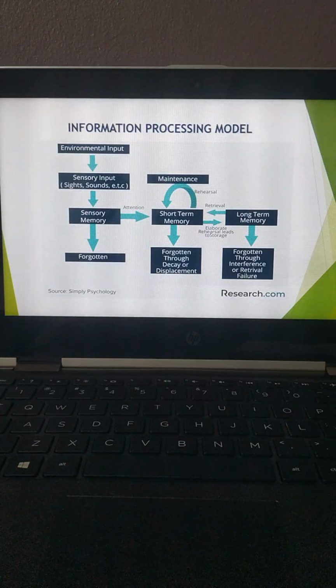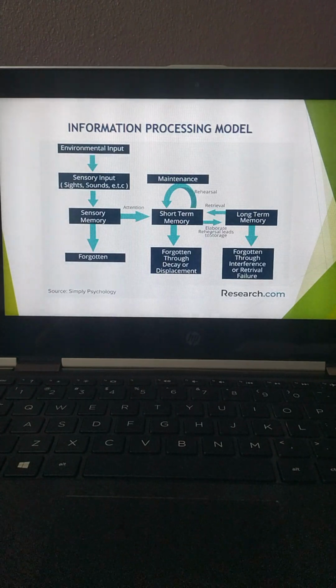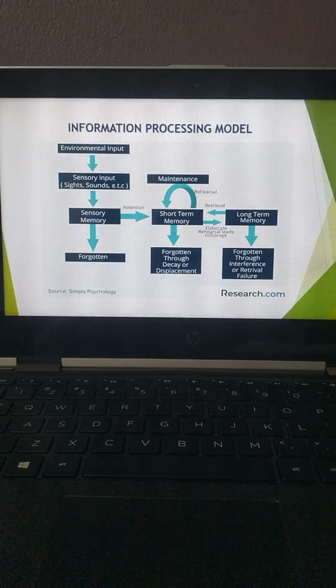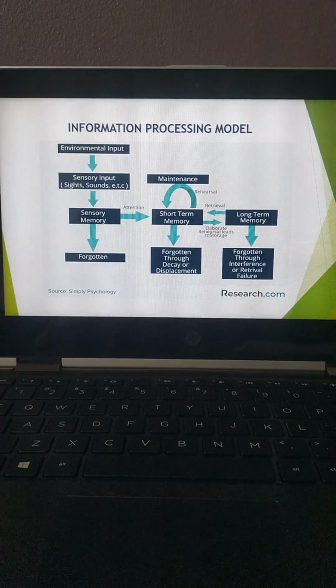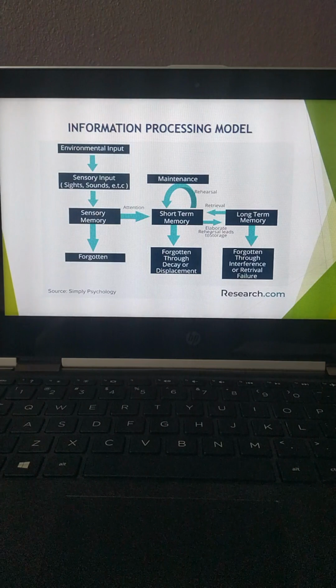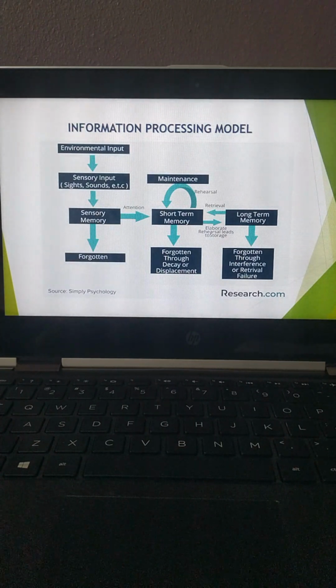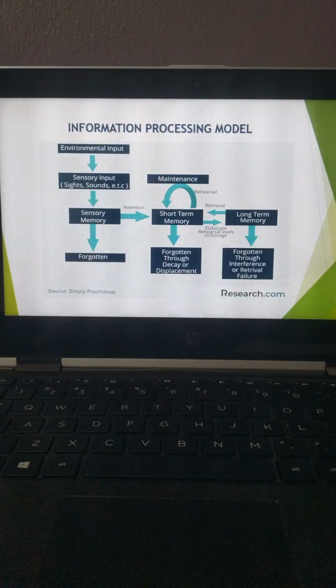That is the first component of the memory. And information that gets to the sensory memory can be forgotten. If it's not forgotten, that is where attention comes in. The reason why we do not forget a particular information and it moves to the short-term memory is because we gave attention to it.